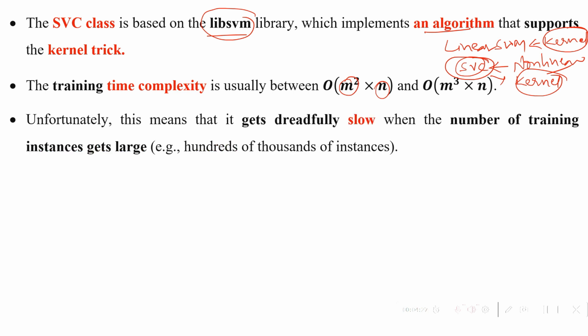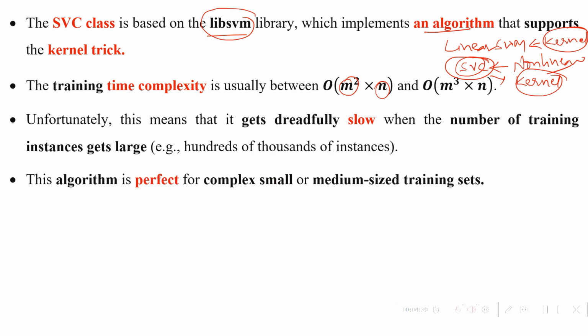Unfortunately, this means it gets dreadfully slow when the number of training instances gets large. The more training instances there are, the slower it becomes. This algorithm is perfect for complex, small or medium sized training sets. Whenever you apply the kernel trick, the dataset must be small or medium sized.